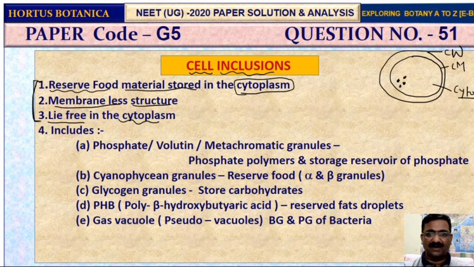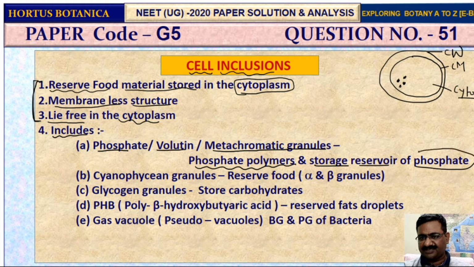Now, what is found in this cell inclusion? Fourth point, cell inclusion includes mainly five parts that may be present. First is the phosphate granule, or volutin, or metachromatic granules. These are inorganic phosphate polymers, and these are the storage reservoir of phosphate.